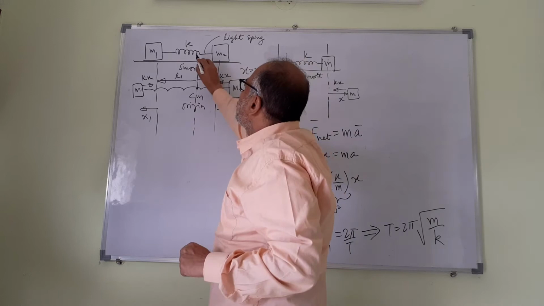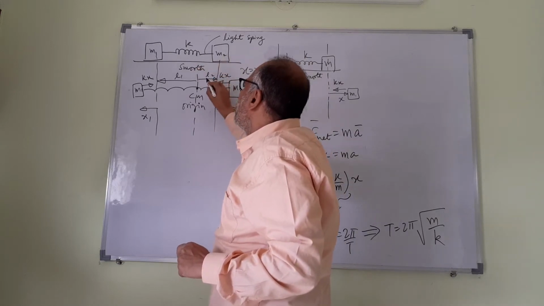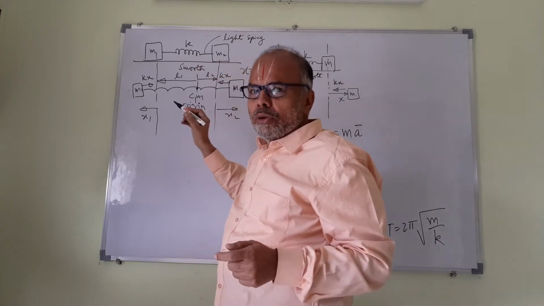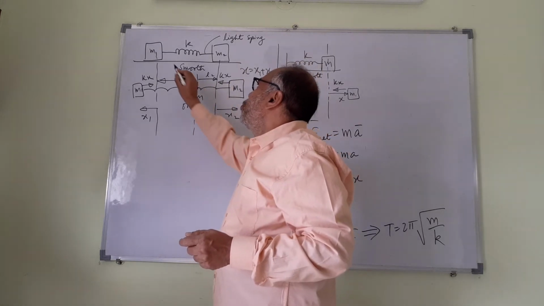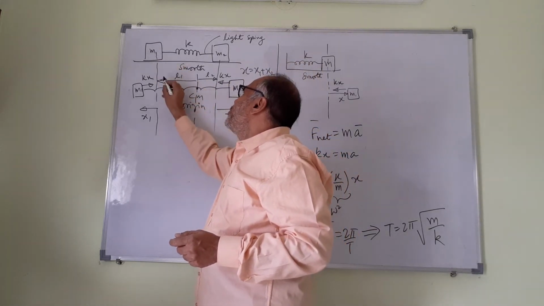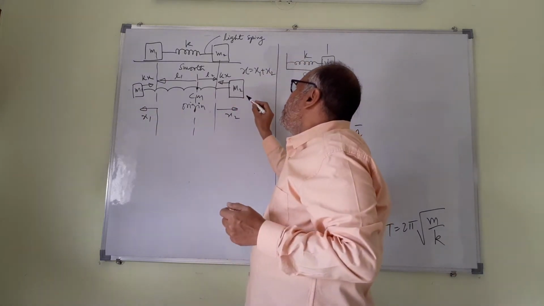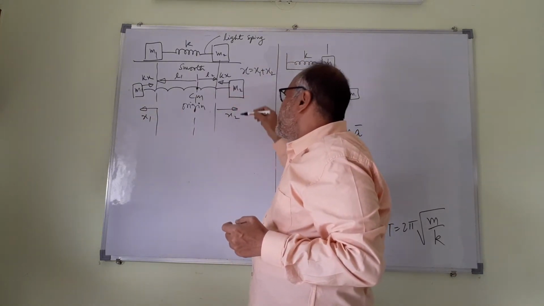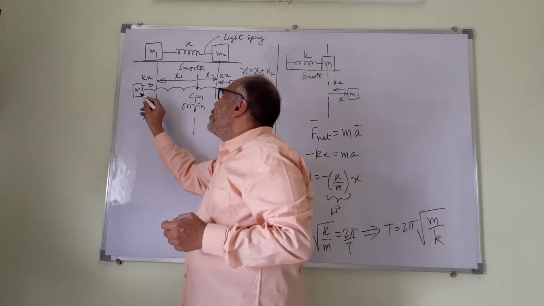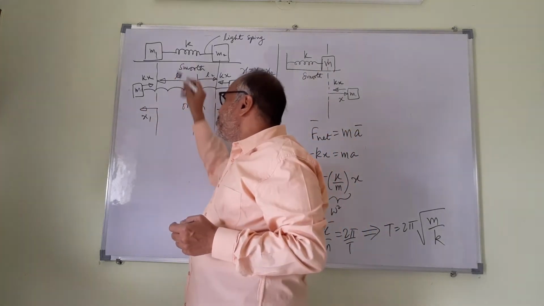So the original coordinate of M2 would be plus L2. Original coordinate of M1 would be minus L1. After you pull it apart, the coordinate of M2 would be L2 plus x2 and the coordinate of M1 will be minus L1 plus x1.